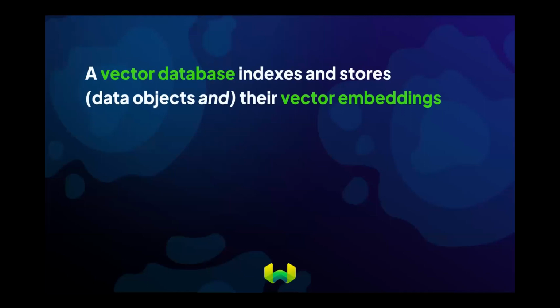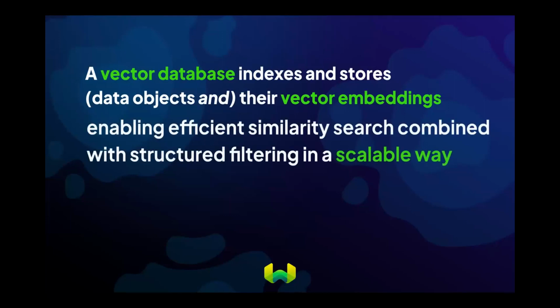So again, a vector database indexes and stores data objects optionally and their embeddings. This is how we differ from Pinecone, for instance, Pinecone being probably the most popular vector database. They only store embeddings. Weaviate stores data objects as well as embeddings. And this enables efficient similarity search or semantic search plus filtering.